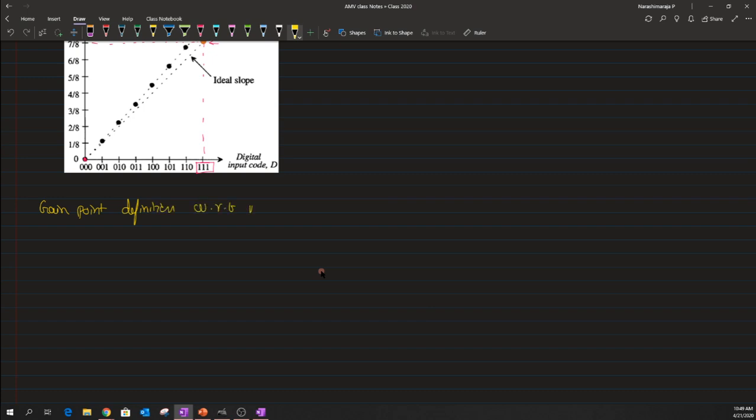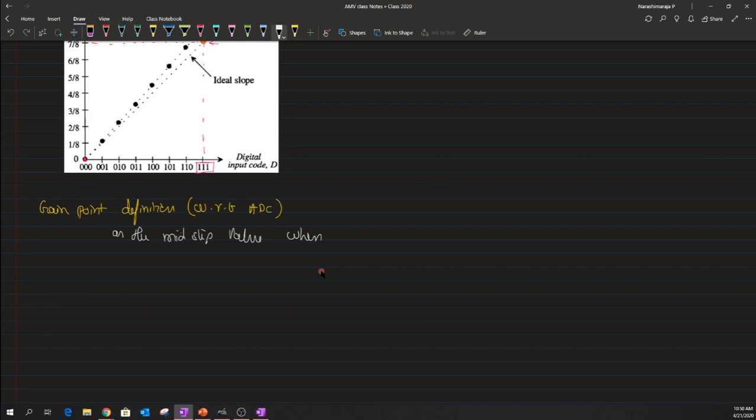with respect to ADC. Now again it is defined as the mid value or mid step value, and as you would have guessed, that mid step value is measured when the digital output of this ADC is full scale.